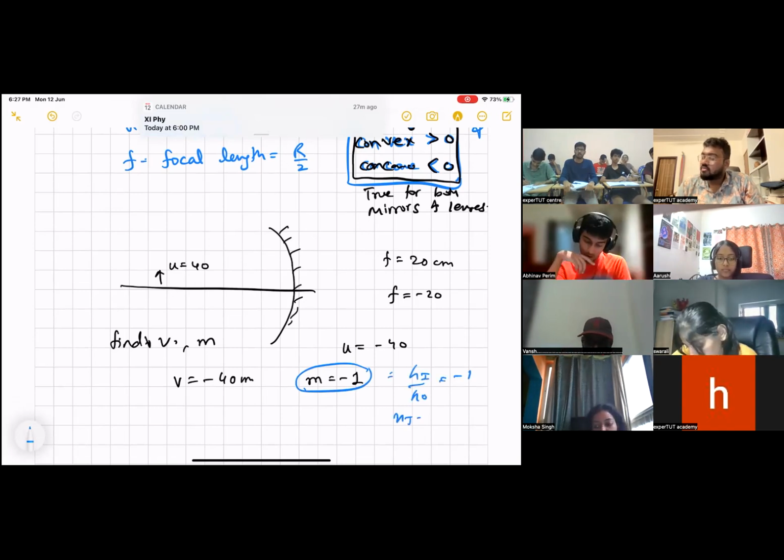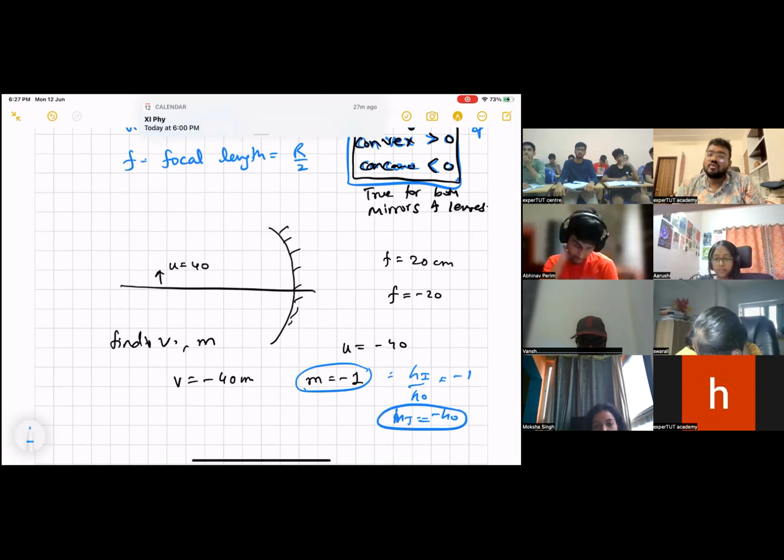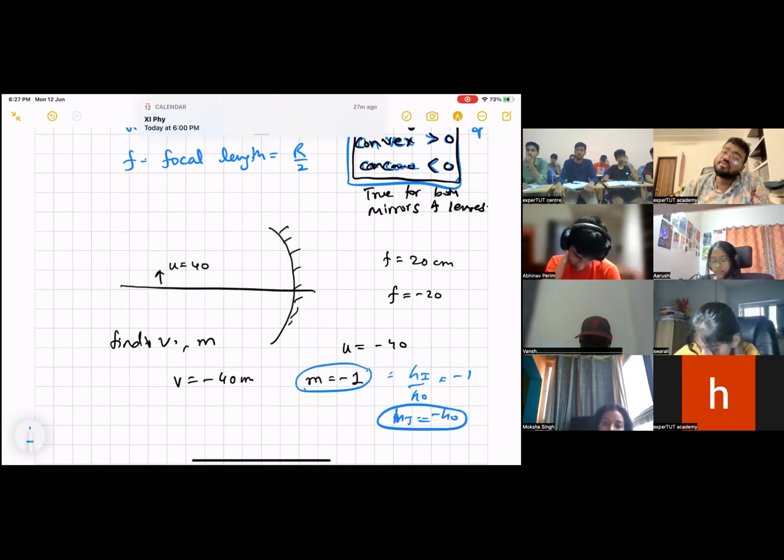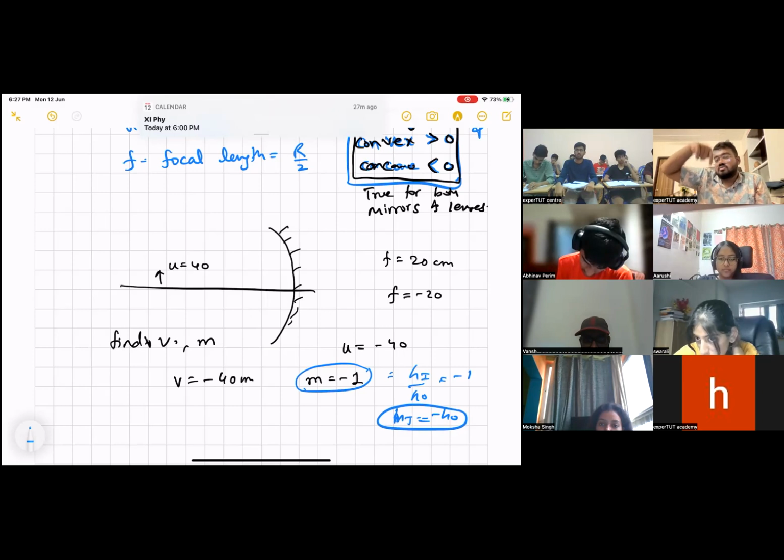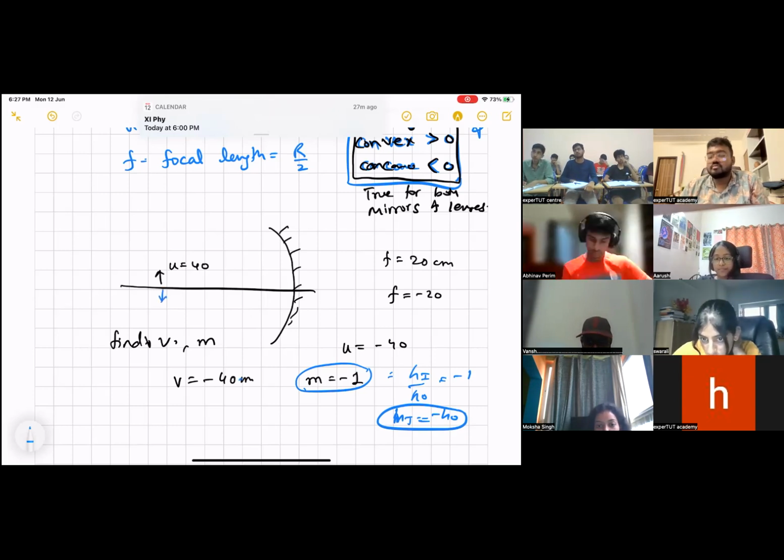Therefore hi is equal to -ho. The height of image is negative height of object. Therefore, if the object is upright, the image is down. And the distance of image is 40. So the image is like this. Okay. Fine. Everyone?